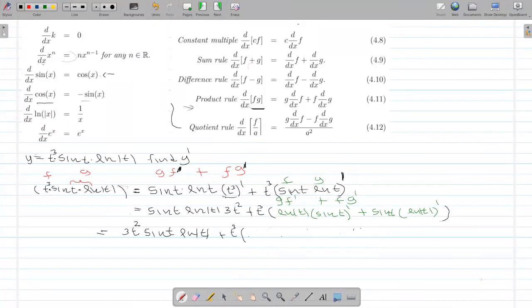No, so ln t, and derivative of sine t is cos t. Sorry, okay. This one, derivative of this one is here. So I don't have to apply the rule. Then sine t times derivative of t is 1 over t. Okay, you can simplify it a little bit more, but I leave it like this.